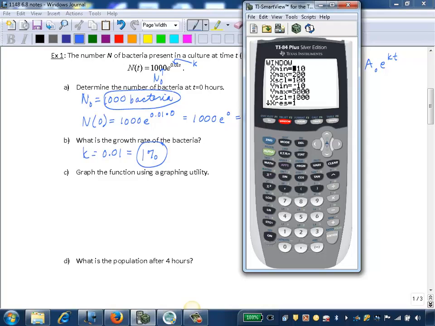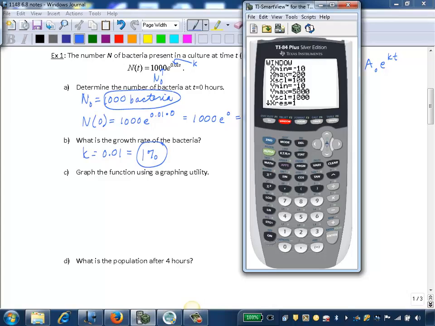So in this problem, our t, or our x here, is time, so we know time can't be negative, so time would start at 0, but it's always a good idea to go a little outside the window. So if I started this at 0, my graph wouldn't show the axes, so I'm just going to go a little bit outside. I'm going to go a little bit less than 0 just to give myself a better picture of this graph, but it would be completely okay to put a 0 here.